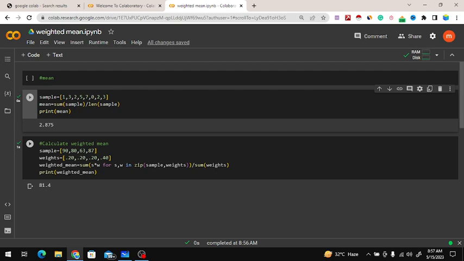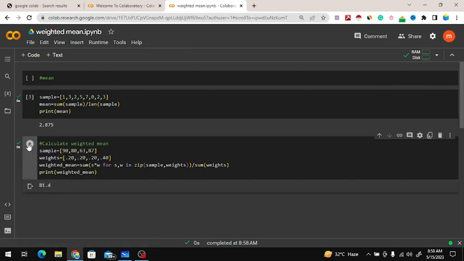So weightage_mean should be equal to the sum of s multiplied by w for s, w in zip(sample, weights), divided by the sum of the weights. Let's see, we have gotten 18 point. This is called a weightage mean.